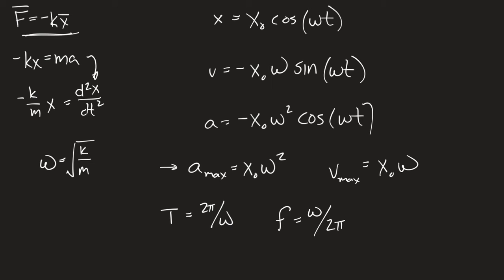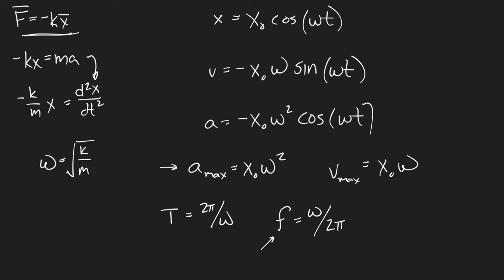And this is really where you can see the reason why we call omega the angular frequency. This is the oscillatory frequency. It would be in oscillations per second, but if you multiply the oscillations by 2 pi, you'd get radians per second. And that's why you take the radians divided by 2 pi, and you get oscillations per second.